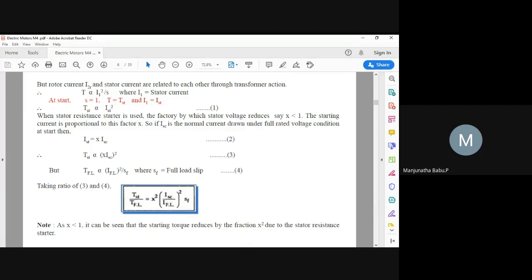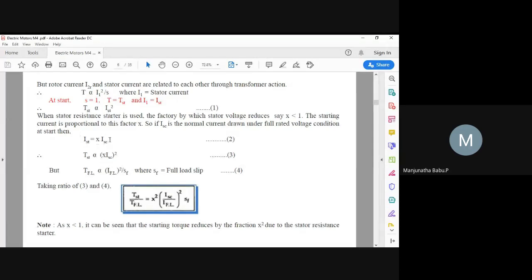Now the next question, what is the starting current? He is asking for the starting current from the supply. So again go for the starting current I start. I start will be equal to X times the starting current of the motor. The starting current of the motor will be X times ISC. So I start at supply will be equal to X square into the starting current at rated voltage.